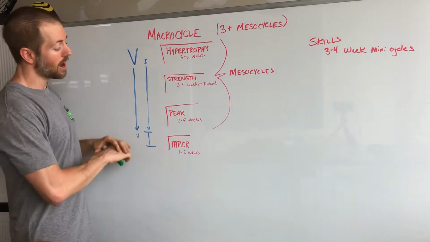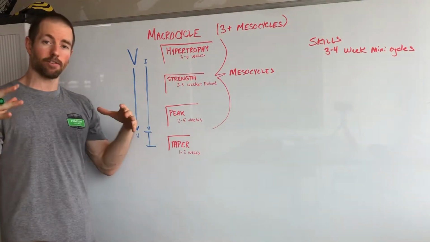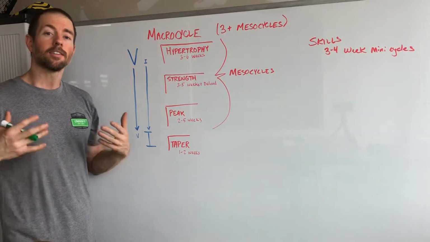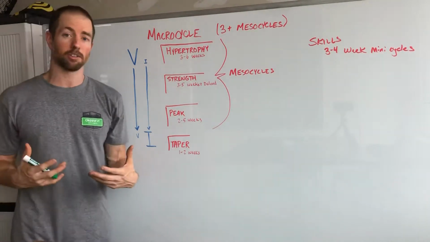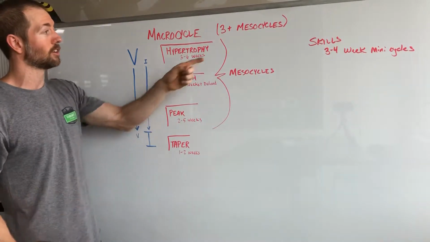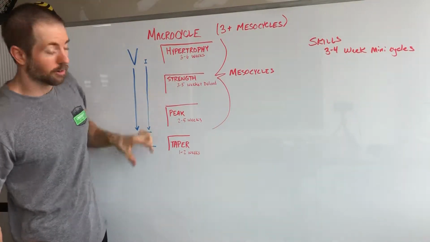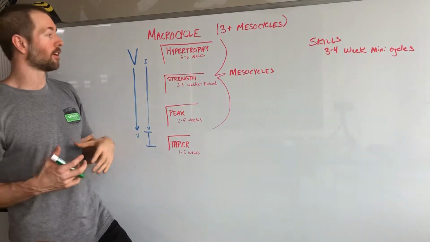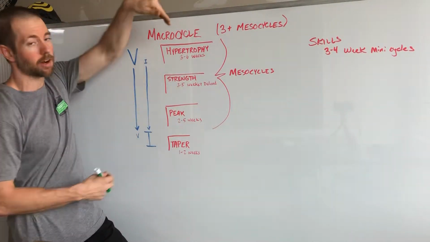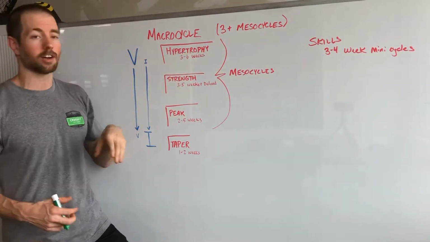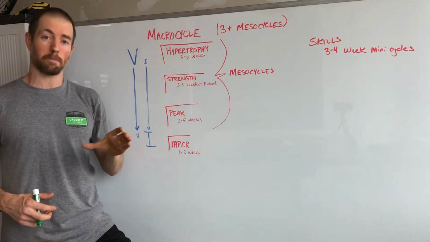So once we have what we're going for, that can further narrow our focus on how we're going to get there. Some typical mesocycles we see. A mesocycle is going to be littler chunks of training that we piece together within our bigger macro cycle. Each of our mesocycles is going to have a specific purpose.